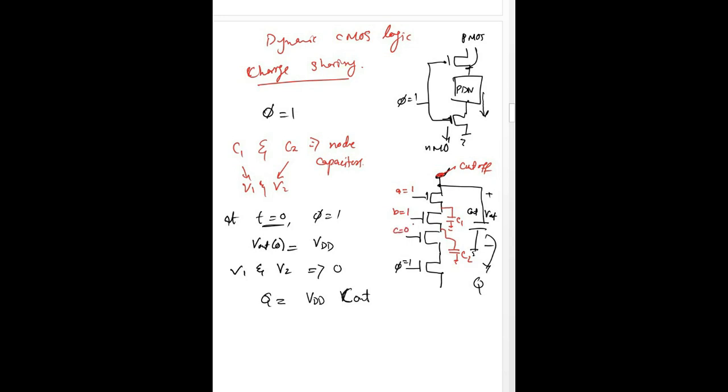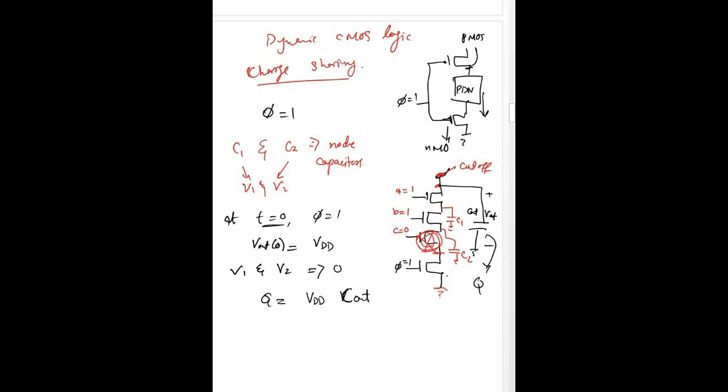This means this MOSFET here is in cutoff region. If this is in cutoff region, there is no direct path between our output node and our ground that appears here.